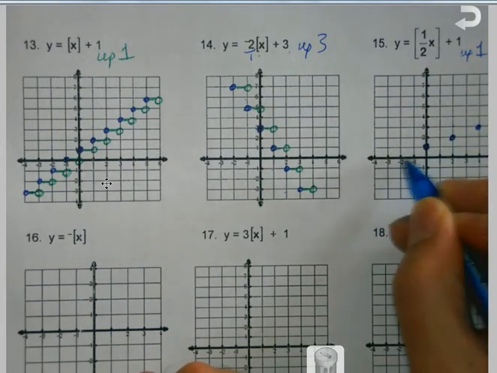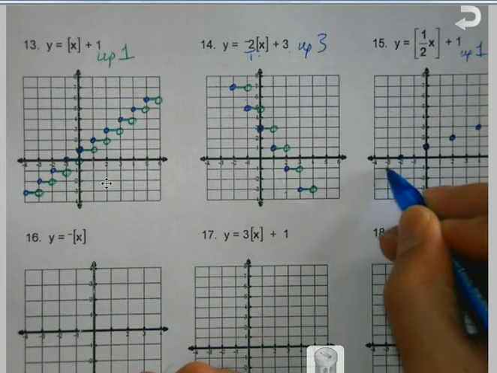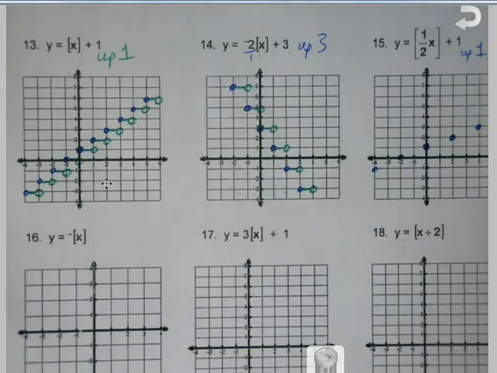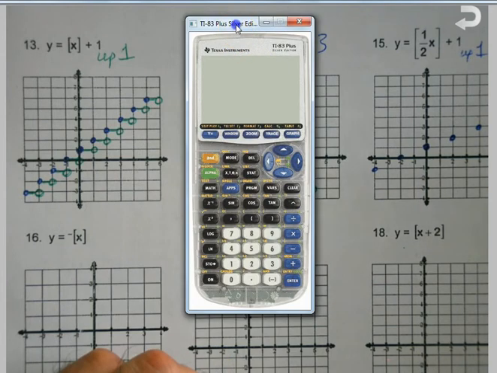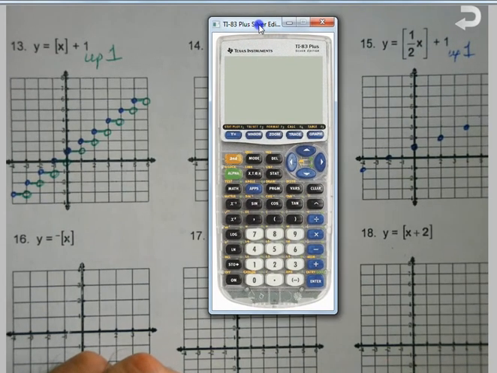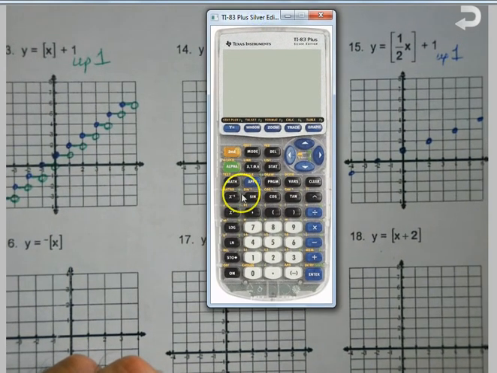Now for this one, you may look at it and go, ooh, now wait a minute. Let's look at this in the calculator as well. If I'm doing 1/2, am I or am I not going to end up having gaps with this one?